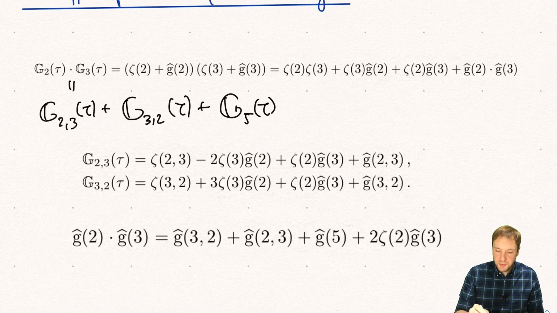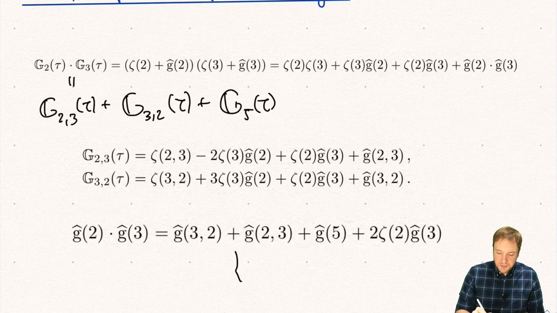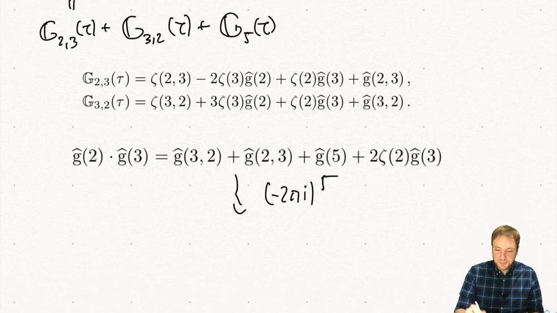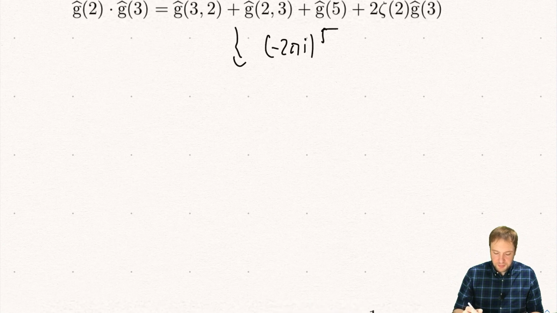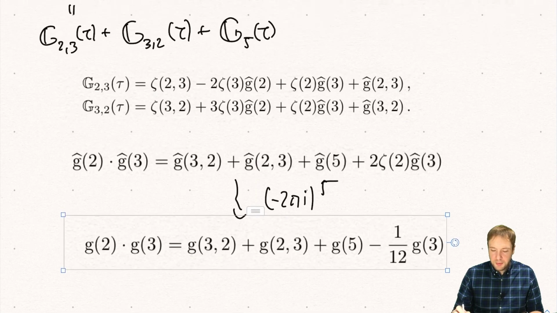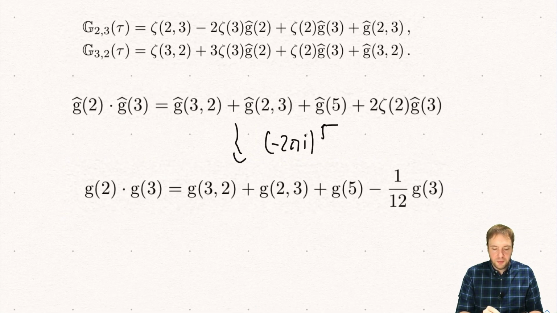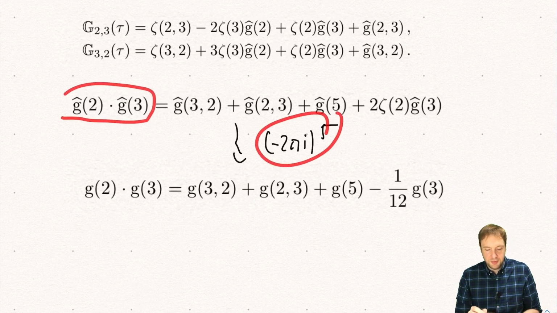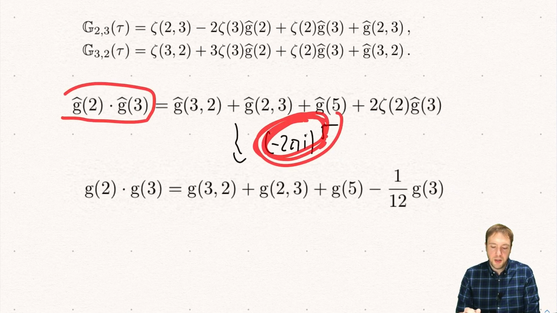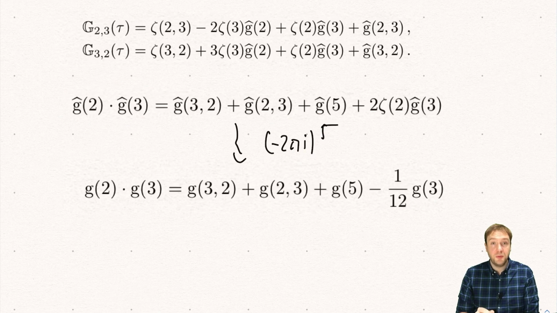2 times zeta 2. And now if you divide by minus 2 pi i to the power 5, what we get is this formula here. So g hat was just given by this power of pi times the q series g.